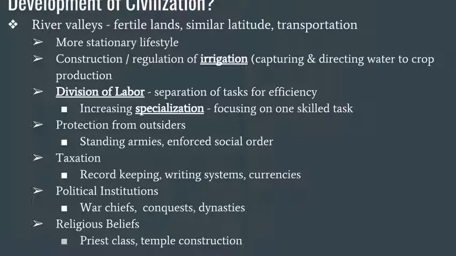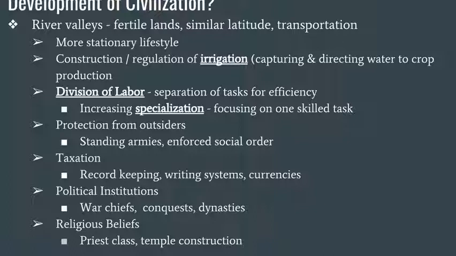They're at a similar latitude, meaning the location on the Earth's surface, north or south. So they have reliable weather conditions, or at least predictable weather conditions, that if you plant at this time of year, you can be reasonably confident that a plant will mature and grow and be harvested at another time of year. That's an important thing.